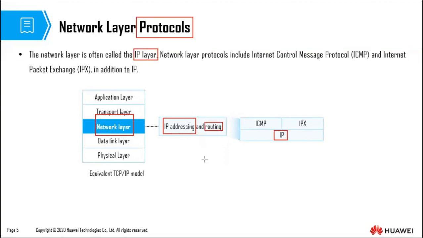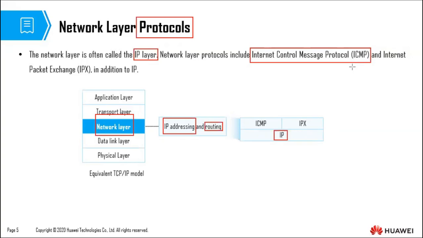Now, other than the IP protocol, another common protocol that operates at the network layer is the Internet Control Message Protocol, commonly just referred to as ICMP. We are going to look at ICMP and the functions of ICMP in this particular topic.